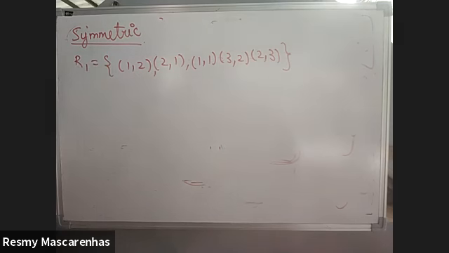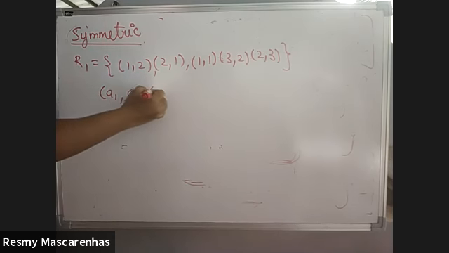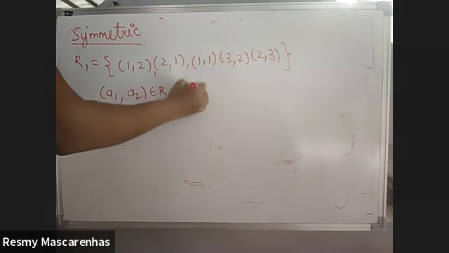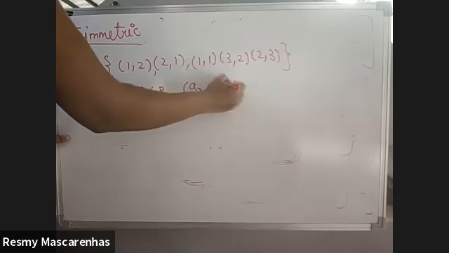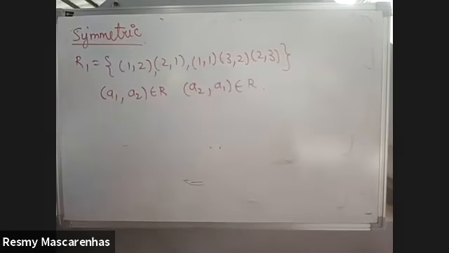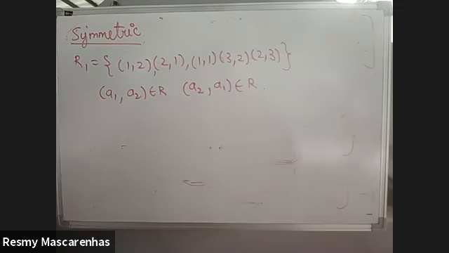Now as per the symmetric definition, what it means is if A1 comma A2 belongs to R, then A2 comma A1 should also belong to R. Means its reverse, the opposite side, should also belong to R.